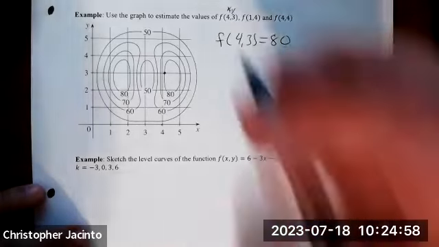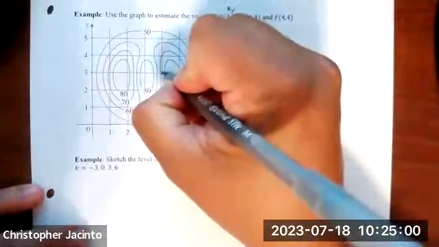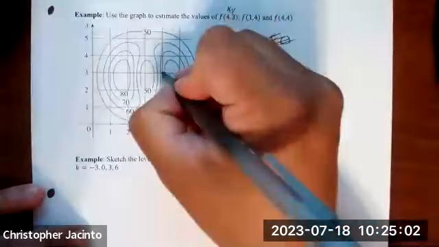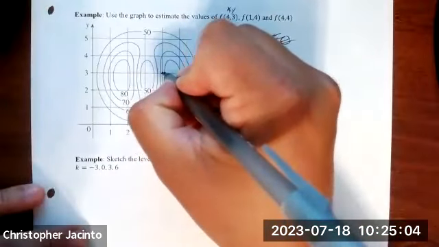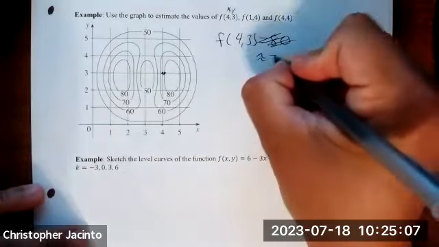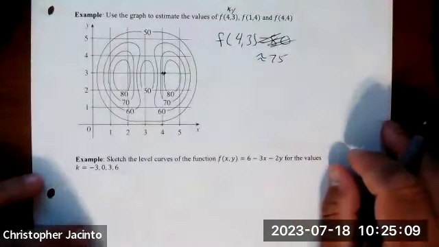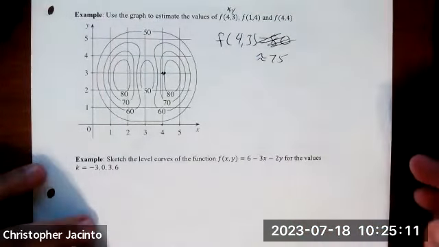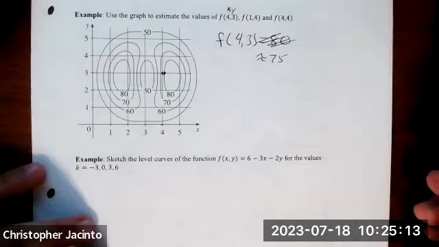Or actually, wait, it's a little off, isn't it? Sorry, I'm looking down. My mistake. It's between 70 and 80, so it's approximately 75. Approximately, right? It's not perfect.